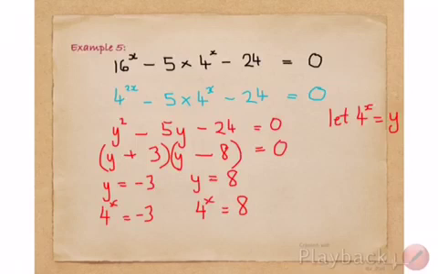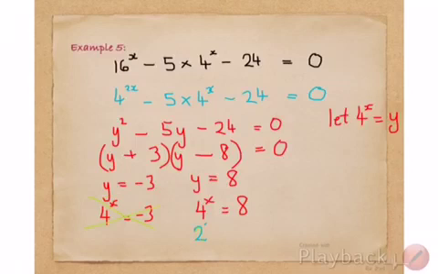And I know that 4 to the power of x is equal to negative 3 doesn't have any solutions, so I can put a line through that and just ignore that one. But 4 to the x is equal to 8, I can rewrite the 4 as 2, sorry, you probably can't see that green, do it in blue.